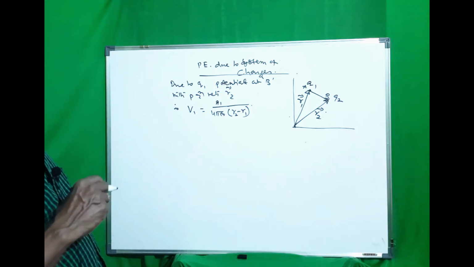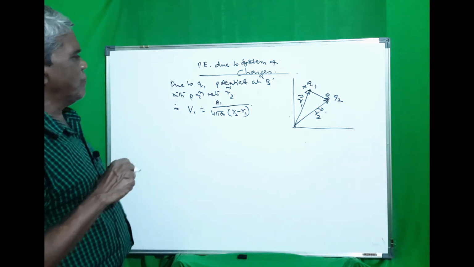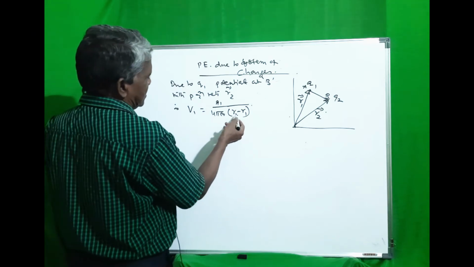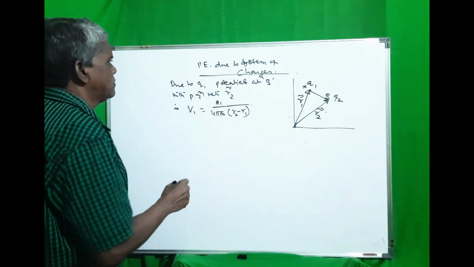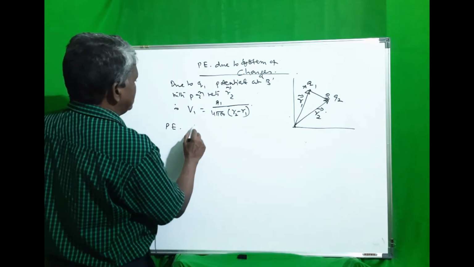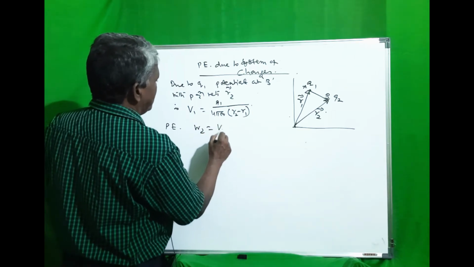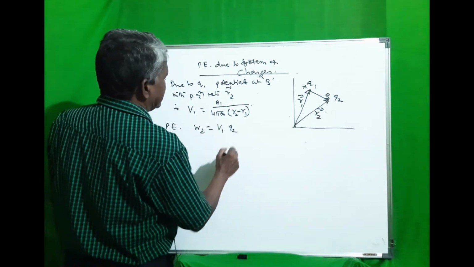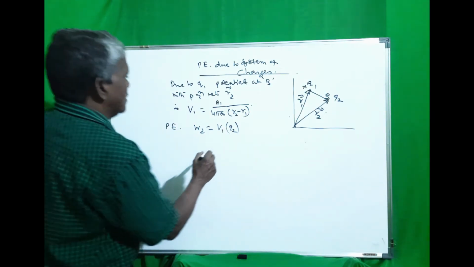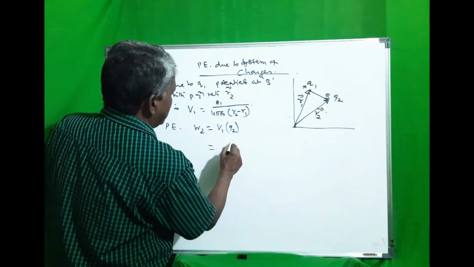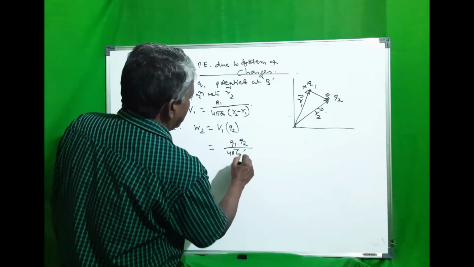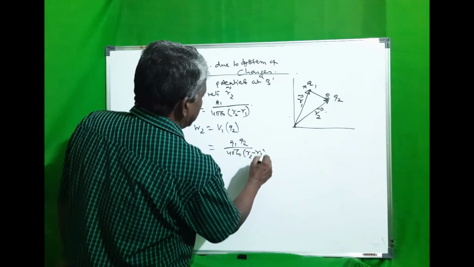So the potential energy W2 is V1 times the moving charge Q2, which is Q1 Q2 by 4 pi epsilon 0 R2 minus R1.